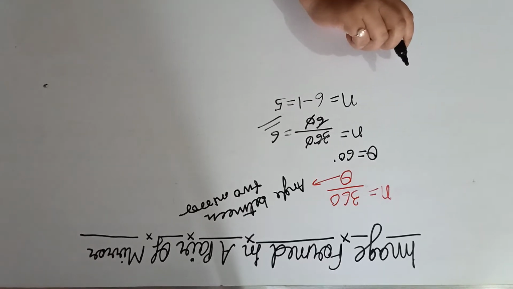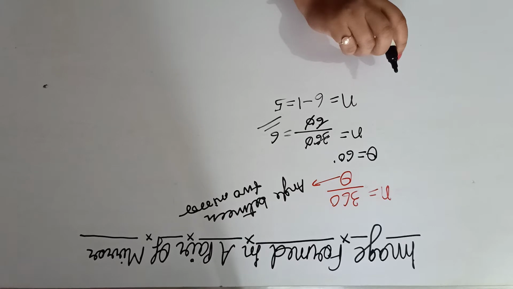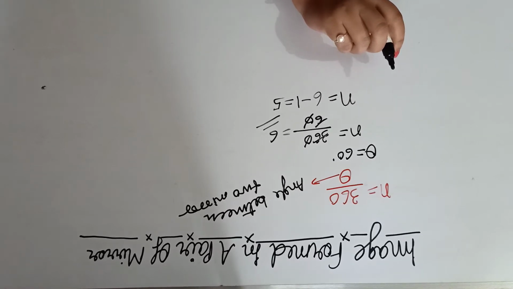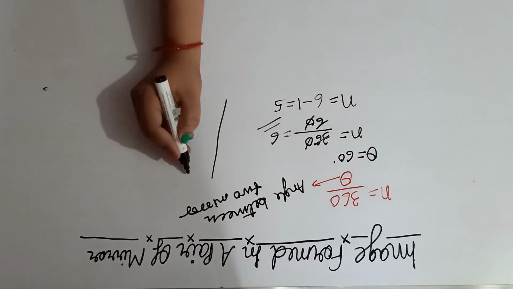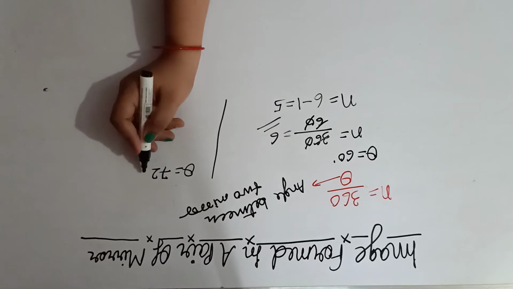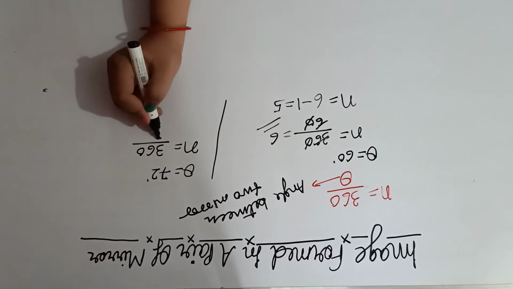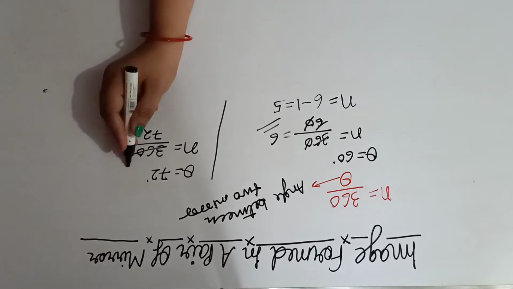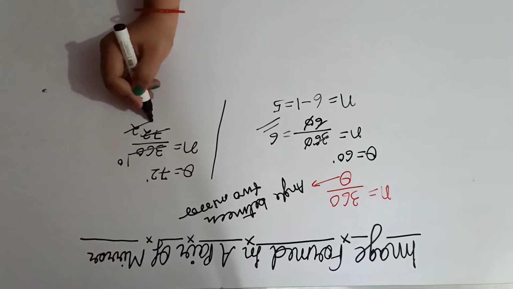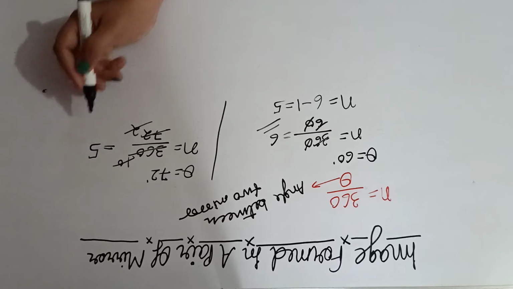If the angle between the two plane mirrors is 72 degrees, then the number of images is 360 by 72. This is 5.